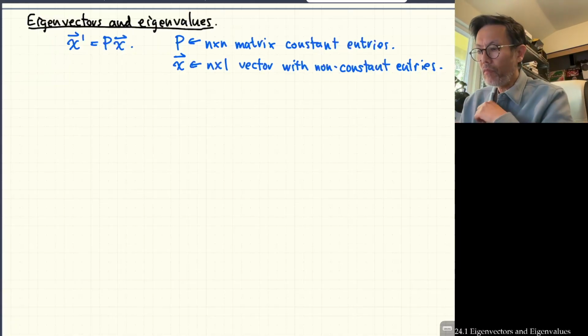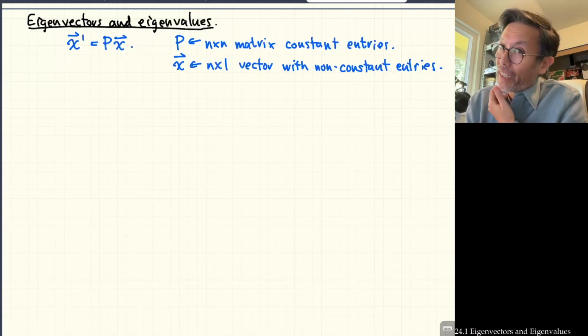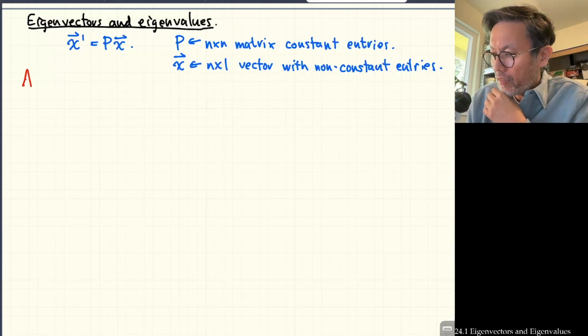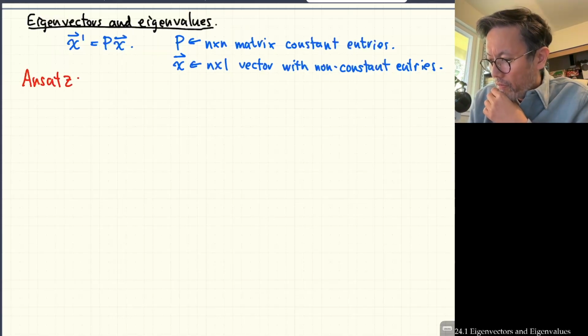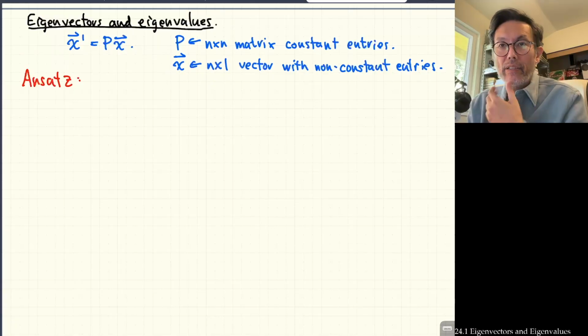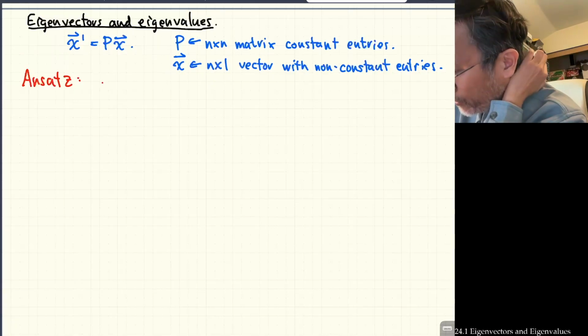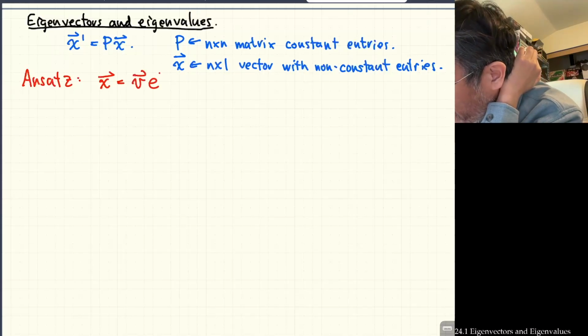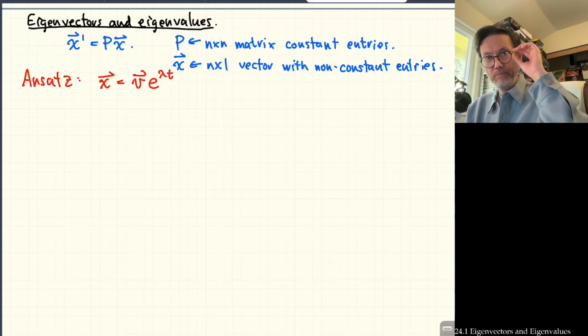Now, what we're going to do is make a guess. In German, sometimes they call this guess an Ansatz. The ansatz that we're going to make, the guess at the solution, is the following. We're going to guess that x looks like v times e to the lambda t.